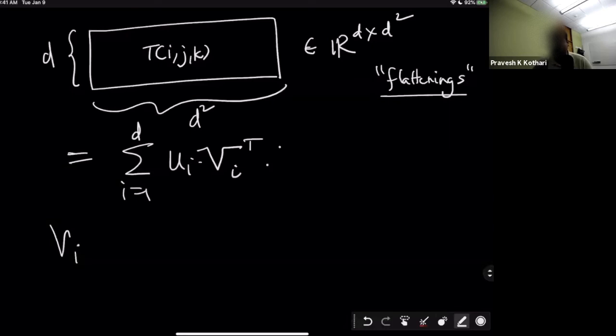D. Okay, good. So VI can have rank at most D, which means it also has a decomposition, let's call it YI ZI transposed. Now I replace each of the VIs by this rank-D decomposition. And so the total number of terms I get is D squared now.